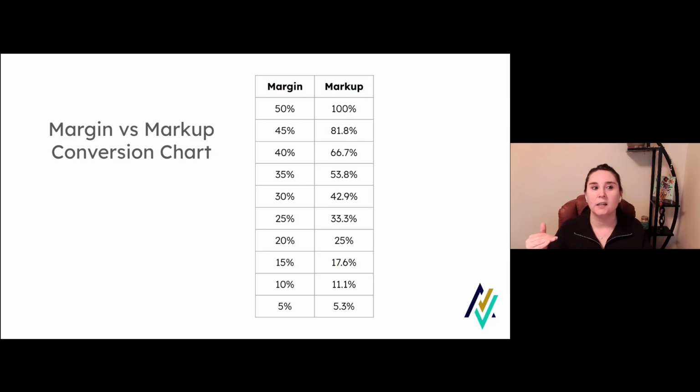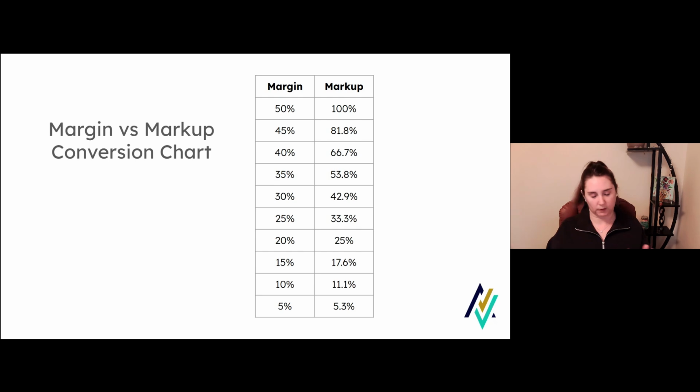If we're interchanging these numbers and you're thinking that you are perhaps getting a 50% margin, you need to be marking up a lot more on your product to actually get the margin that you want.